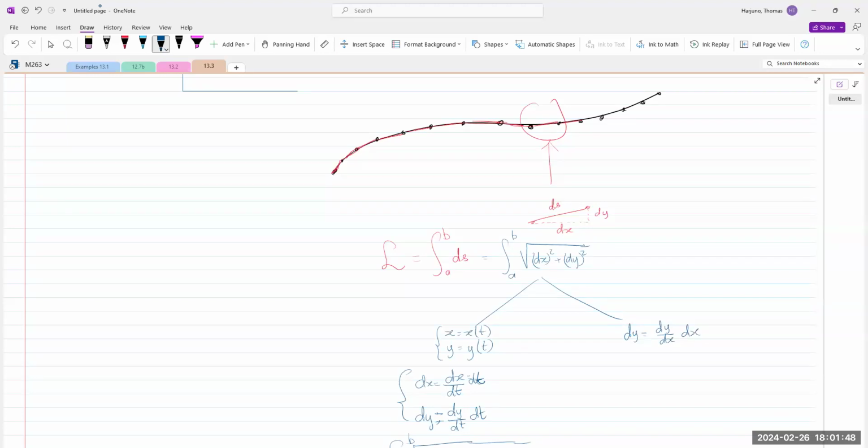And if I substitute that into the integral, I get the integral from a to b of the square root of dx squared plus (dy/dx) squared dx squared, which I will factor the dx squared out of under the square root.